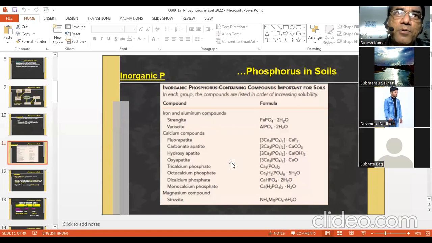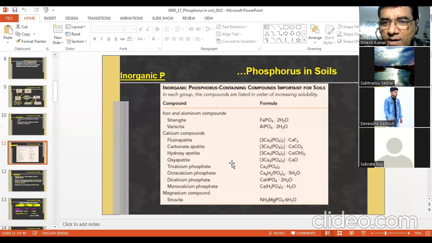It is also found in soil under calcareous conditions, when pH is high and the soil is alkaline, then monocalcium phosphate converts to dicalcium, tricalcium, and finally apatite forms, which is most insoluble.